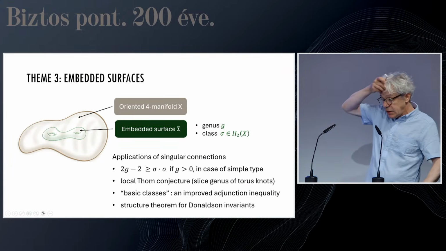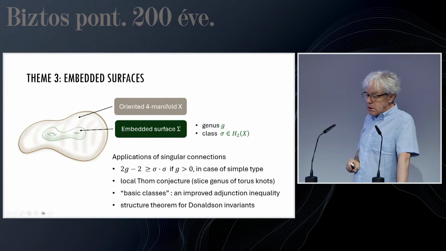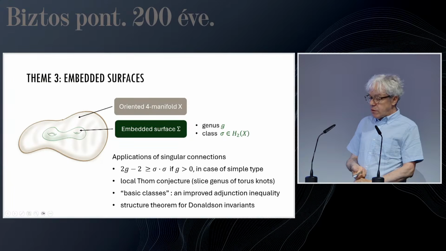Applications of these singular connections included the first bullet point there, which is that there's a very general inequality between the genus and self-intersection number for four manifolds of simple type with non-zero invariants. The genus and the self-intersection number are always related by that inequality.